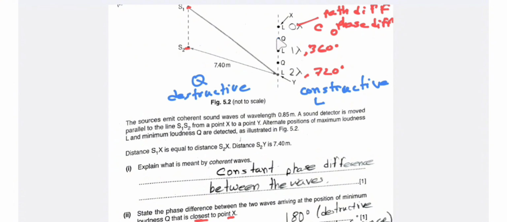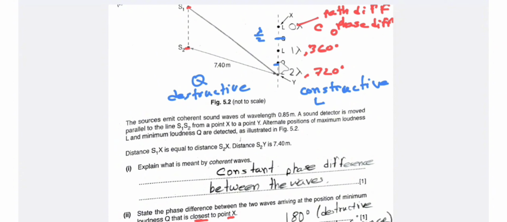From the central maximum, this is the closest quiet sound. The path difference from loud to loud is 1 lambda, so from loud to quiet it would be lambda by 2.